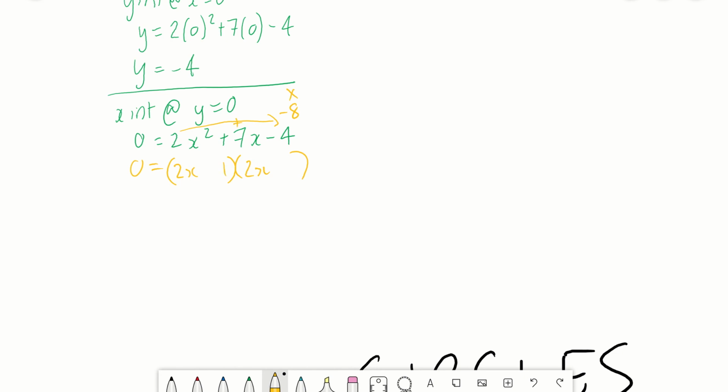That gives me 1 and 8. +8, -1 will give me a +7. Now because I timesed by 2, I divide by 2. I divide one of them if I can, which I can, which leaves me with (2x minus 1)(x plus 4). Now solving both of those, I get 2x equals 1, so x equals 1/2, and x equals -4. So there's my x-intercepts.